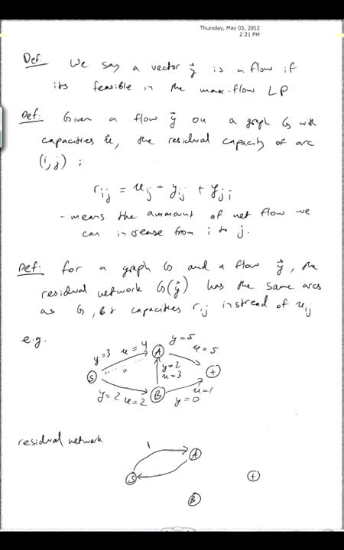So it has 0 capacity and 0 flow, so this first part is 0. And the second part, we could back off on the 3 trucks that are going from S to A. So the residual capacity on this arc is actually 3. So another way you can think about it is I could increase the net flow from A to S by backing off on the 3 trucks that I'm sending.